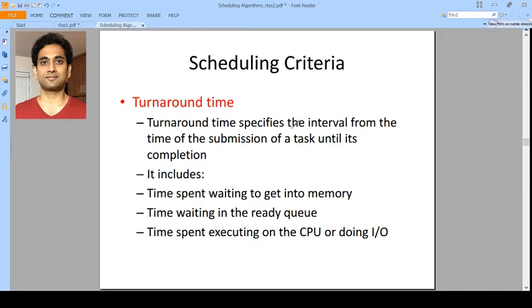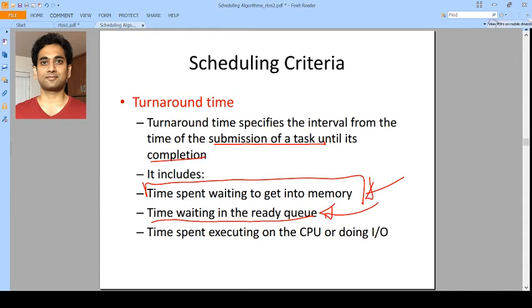Turnaround time specifies the interval from the time of submission of the task until its completion. So turnaround time includes all the time spent waiting to get into the memory, or waiting to get into the ready queue, and the time spent executing on the CPU, or doing input output.